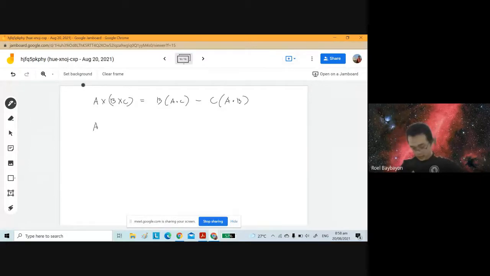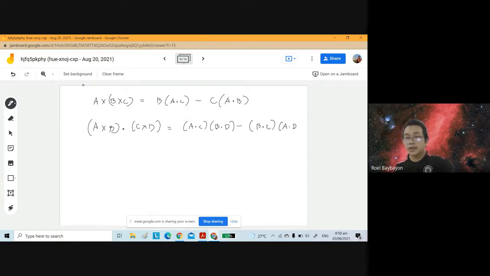Show that A cross B dot C cross D is equal to A dot C B dot D minus B dot C A dot D. We will prove this one later. This is another important property, which I will discuss later.